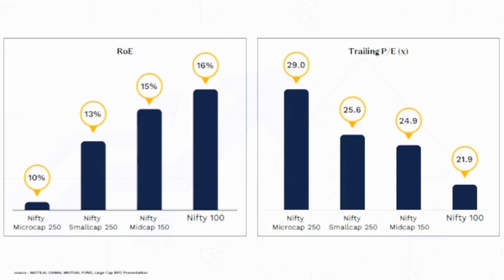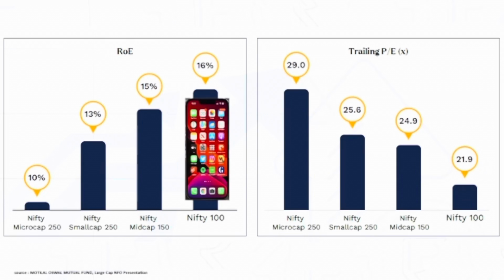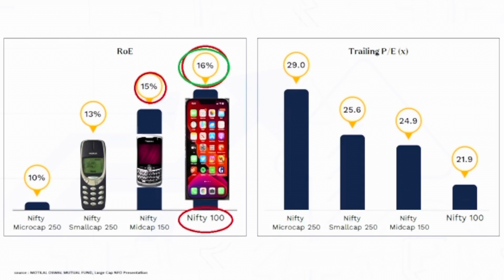Let's imagine large cap investing as buying a smartphone, a high quality and feature rich iPhone. The high quality here is represented in our case by return on equity, ROE. Large caps have the highest ROE at 16%. Compare this to other normal phones with lesser features or lesser ROE.